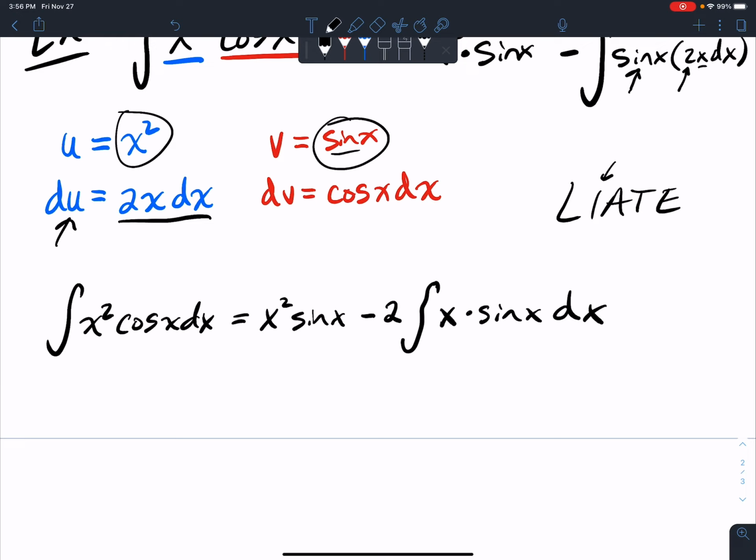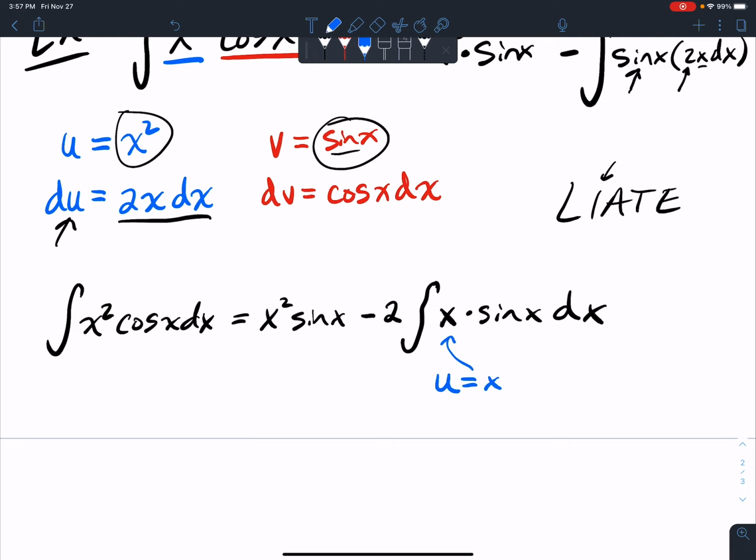Kind of cool. So if I look here, it looks like I have an algebraic, and then this is a trig. So I'm going to use the algebraic as my u. So u equals, what? I've been using blue, so I'm going to stick with that. So u equals x.